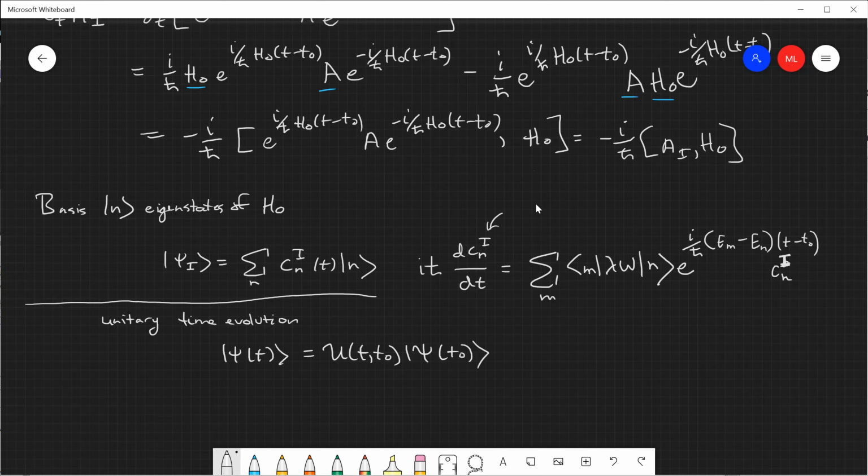That's just generally how we would go about solving any kind of time-dependent problem. And also your Schrodinger equation with a time-dependent Hamiltonian looks like this.